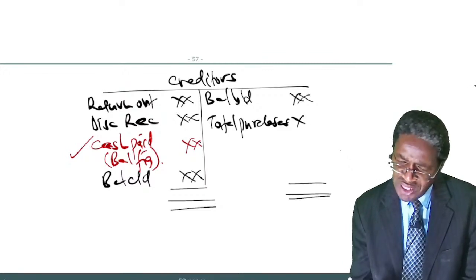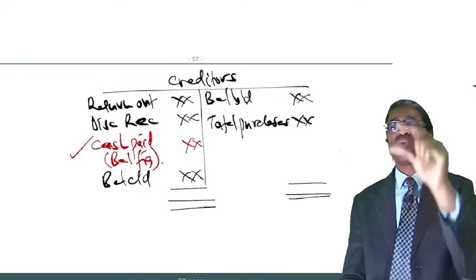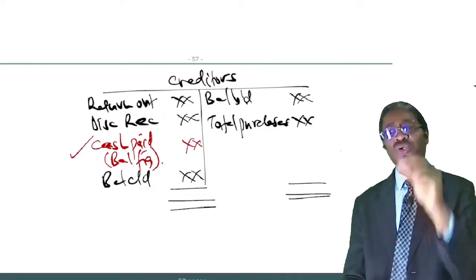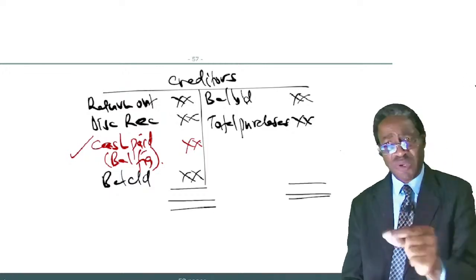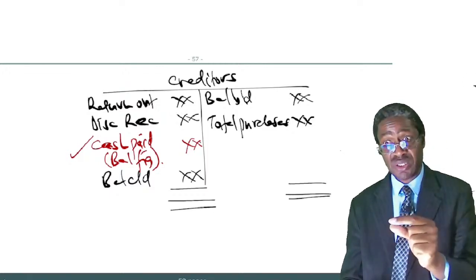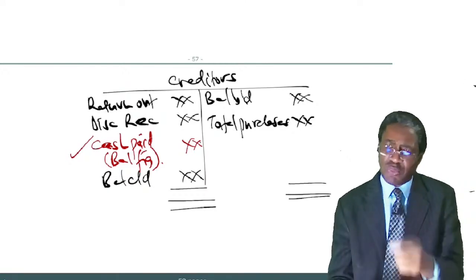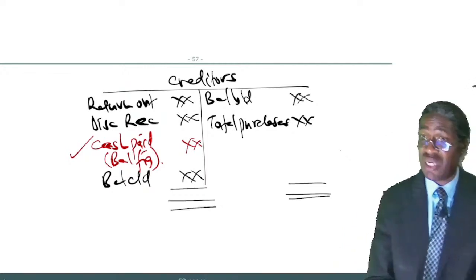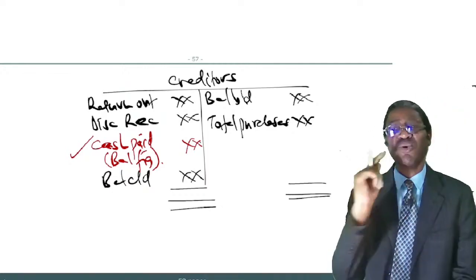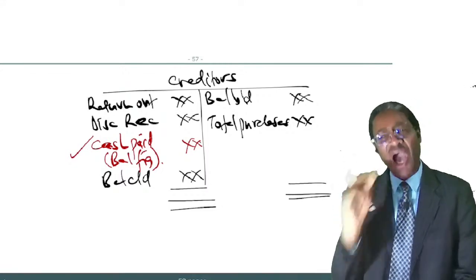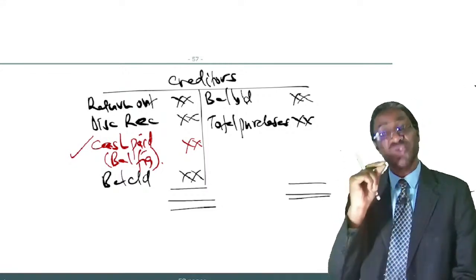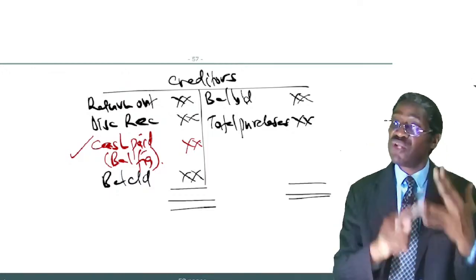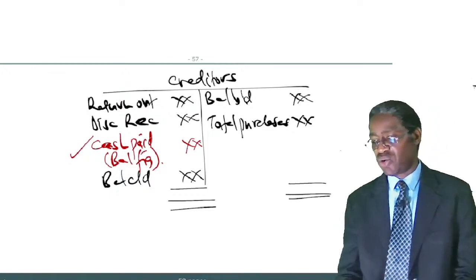Meaning, go find out from the question, how much were the total purchases of the company? We know total purchases include cash purchases and credit purchases. So by me using total purchases, it means whatever I'll get here as a balancing figure in terms of cash paid will represent how much cash you paid to both the cash suppliers and to your credit suppliers.